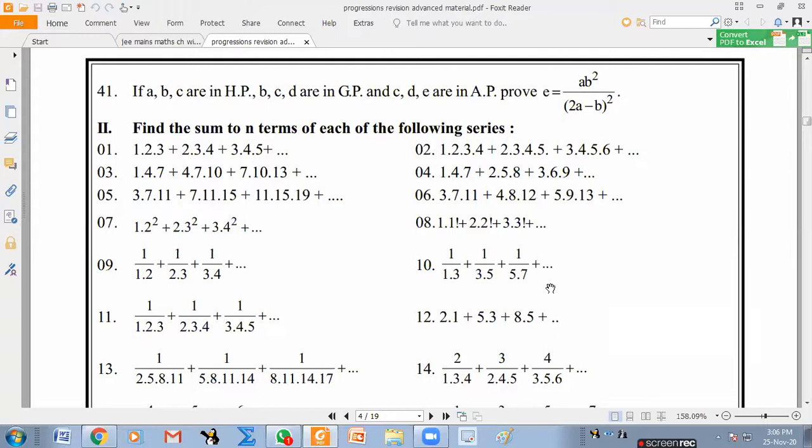C, D, E are in AP. Now we have to prove E is equal to AB square by A minus B.